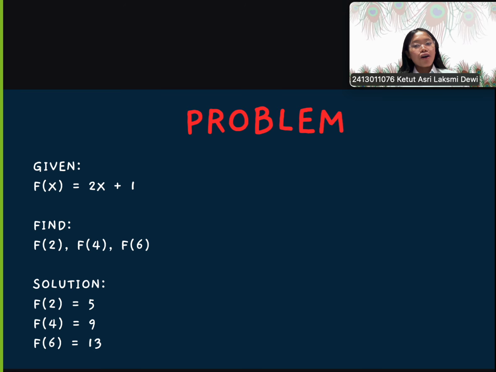Next, f of 4 equals 2 times 4 plus 1, which is 9. Finally, f of 6 equals 2 times 6 plus 1, which is 13. So, these are the outputs of the function for the given inputs.